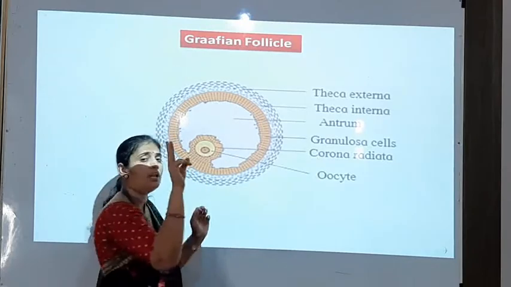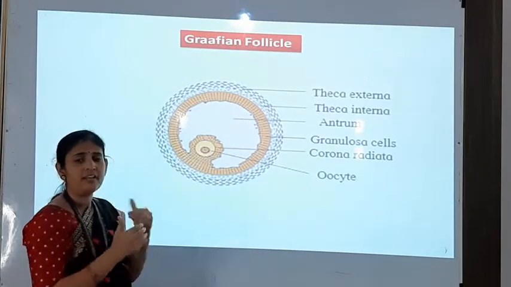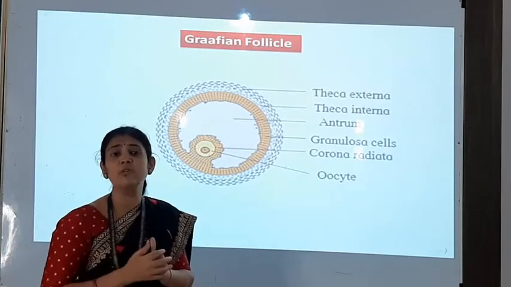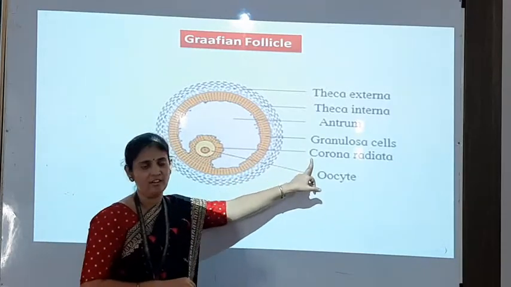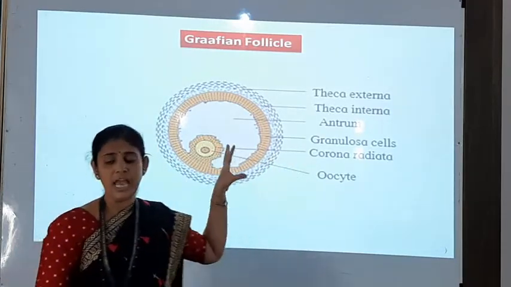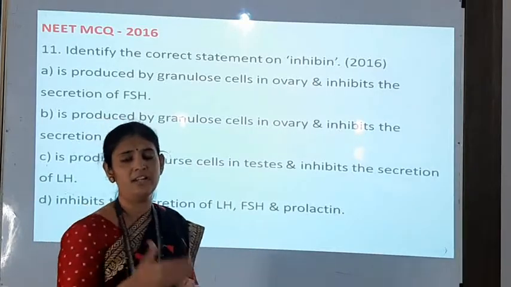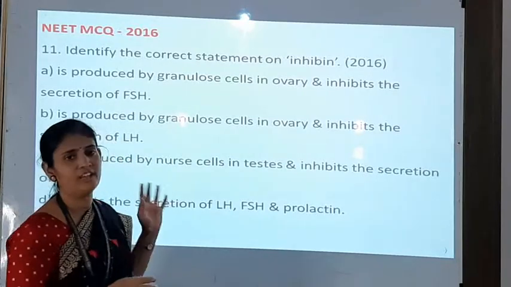So two layers are present surrounding this secondary oocyte. The inner layer is called the zona pellucida, which is non-cellular, and the outer layer is called the corona radiata. So this is the structure of the Graafian follicle which is formed during the developmental stages of the ovarian follicles, the mature ovarian follicle.